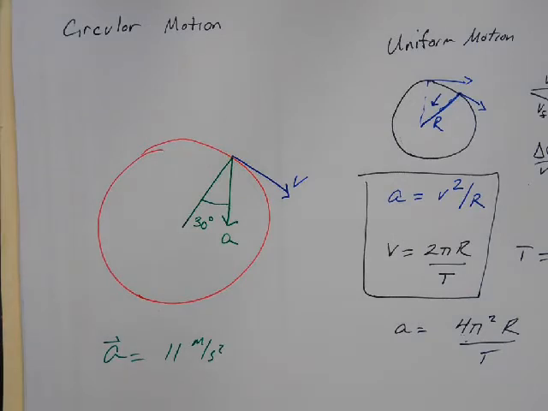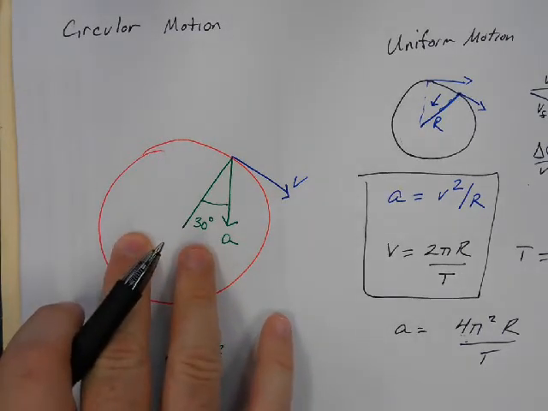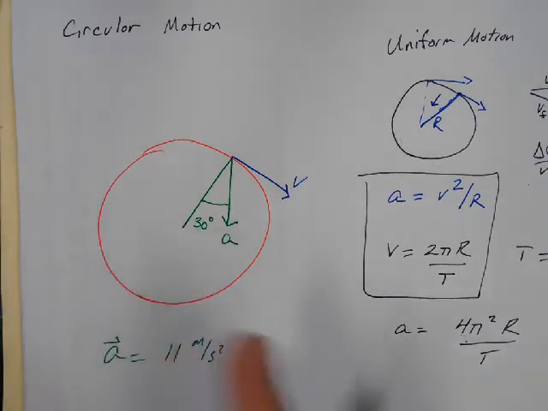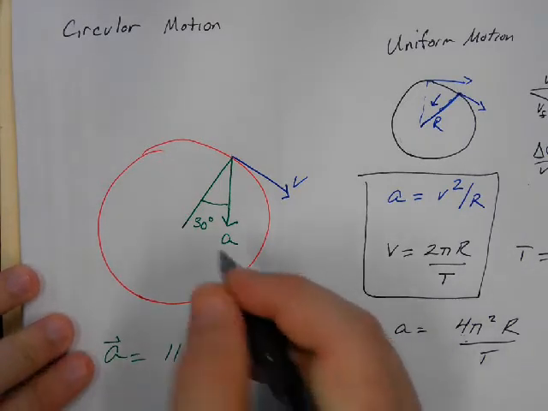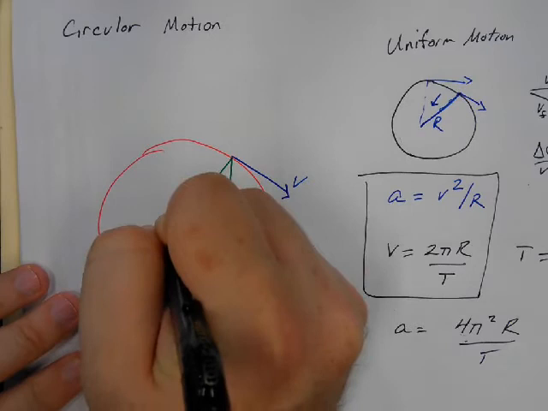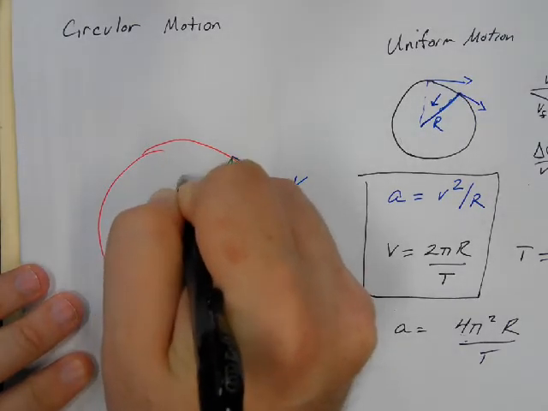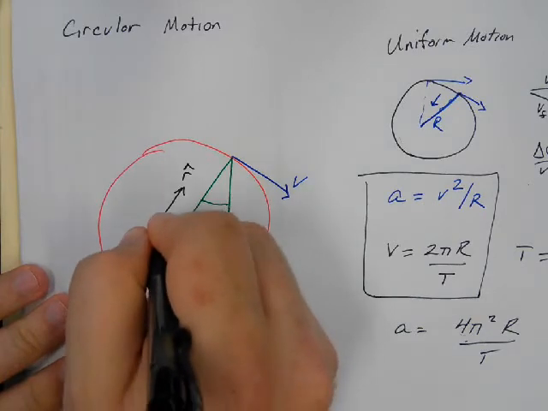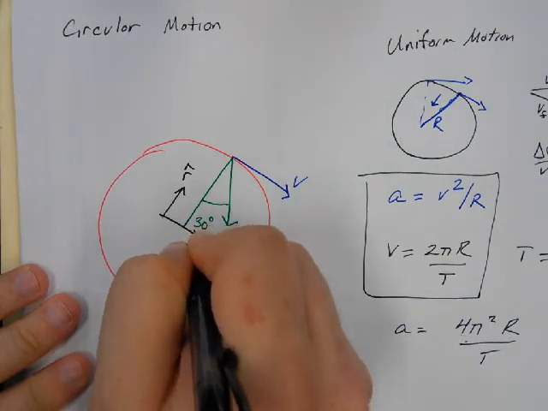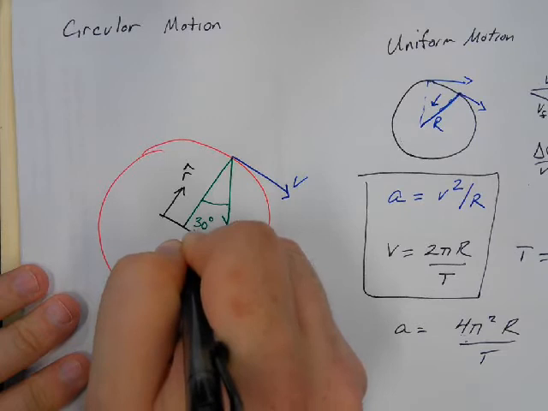If you're going through the problem solving steps, one of the things you have to do is put in coordinates. Well, here we need coordinates that are relevant to the fact that this thing's going in a circle. So instead of using x and y like we normally would, we're going to put in a radial component, which I call r hat, and we can put in a tangential component, which you can call t hat.